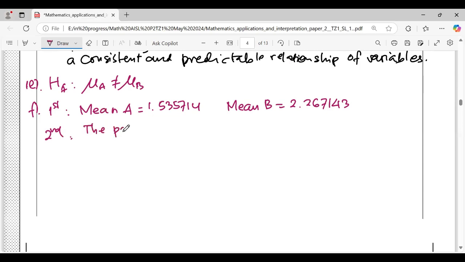Well, the second step, we're going to find the pooled standard deviation. Okay. First, for A, look at this data for standard deviation.